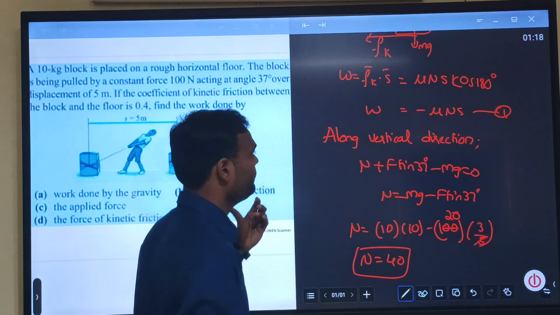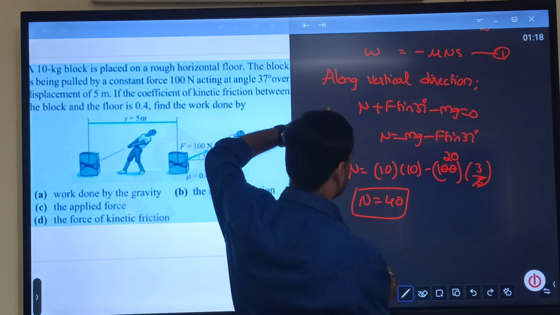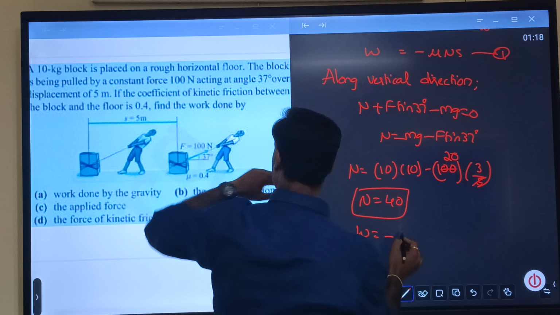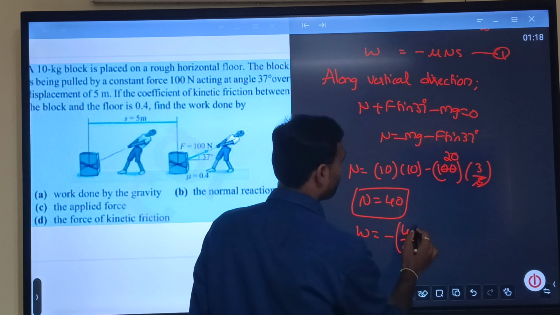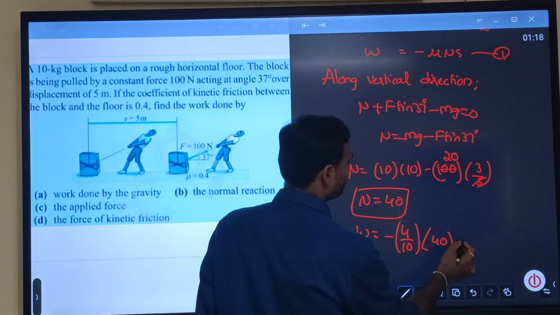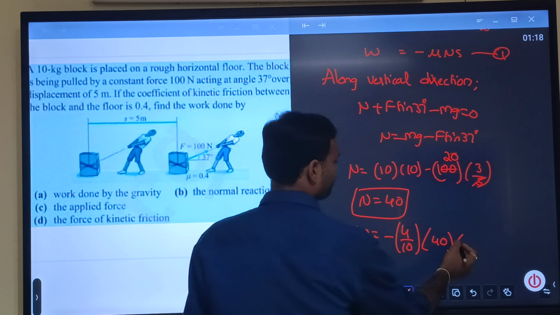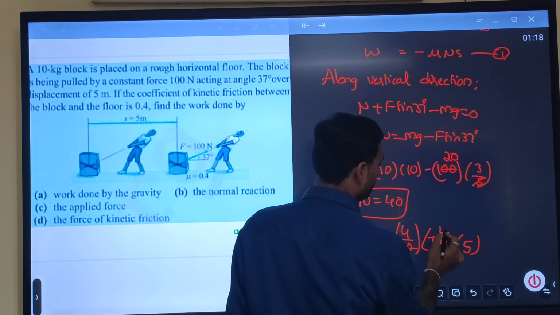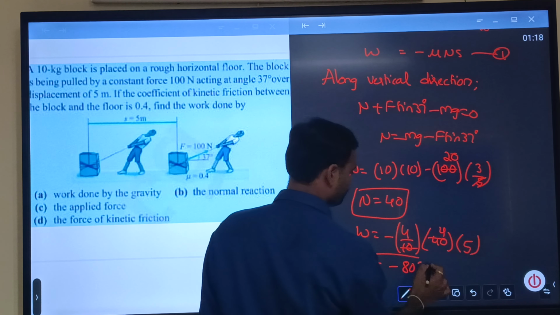Substitute the N value in equation 1. So work done is equal to minus mu value given as 0.4, N value is 40, displacement is 5 meters. So this becomes minus 80 joules.